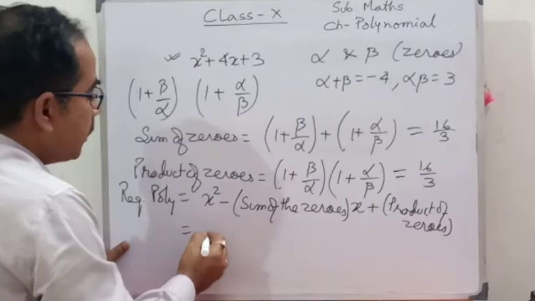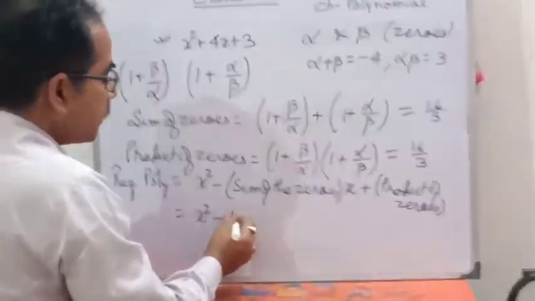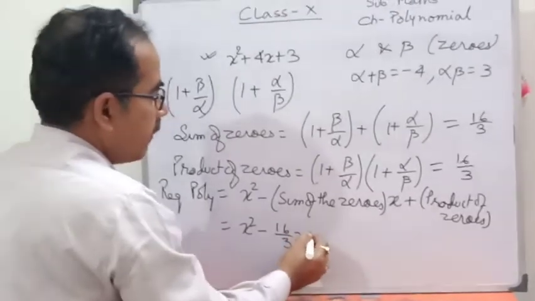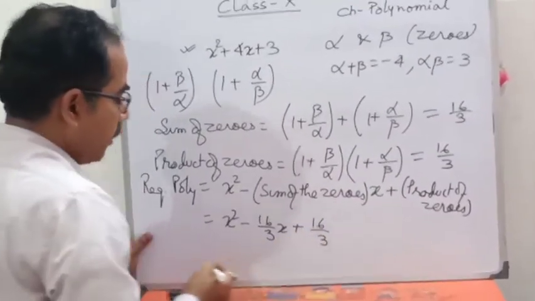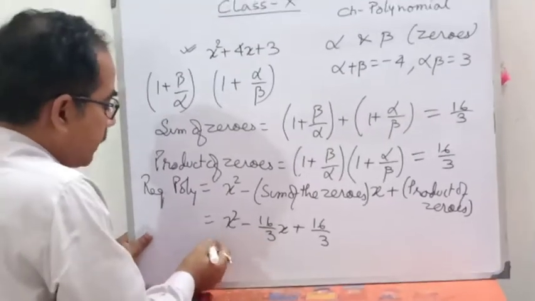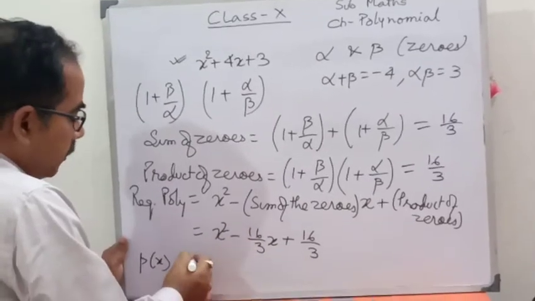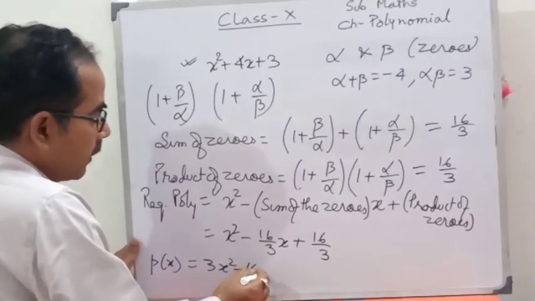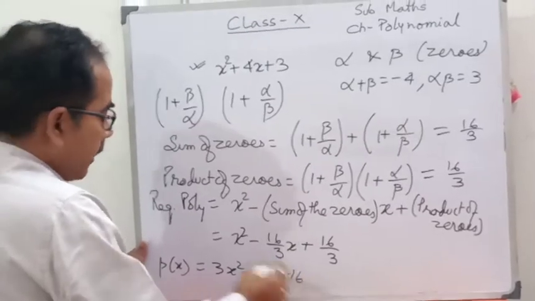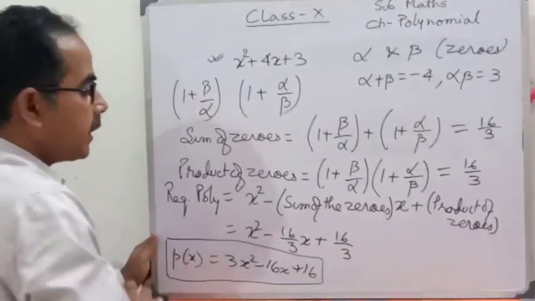That is equal to x square minus 16 by 3 x plus 16 by 3. So ultimately the required polynomial, just do the LCM, is 3x square minus 16x plus 16. This is the required polynomial. I hope it is clear to you students.